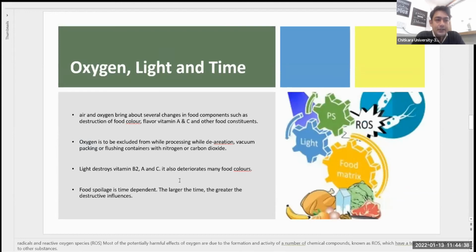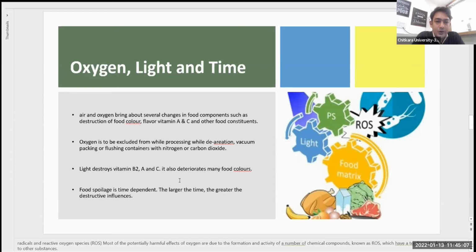And the last is oxygen, light, and time. These three things combined together affect the quality of food. Air and oxygen bring about several changes in food components, such as destruction of food color, flavor, vitamins A and C, and other food constituents. A simple example: if you cut any vegetable and leave it in the open, you will see the changes that happen to the food product.